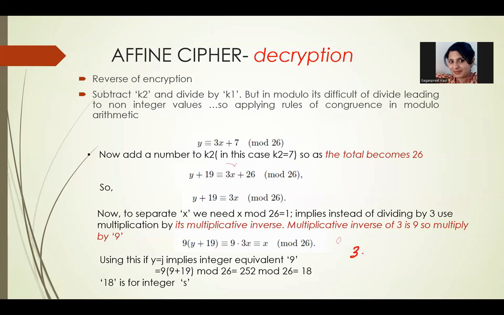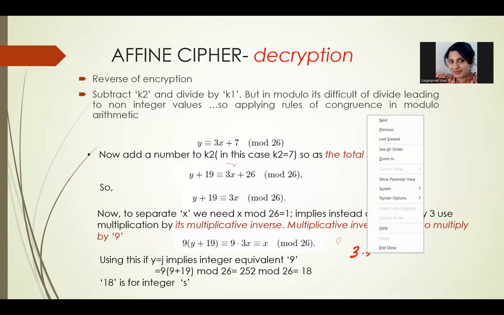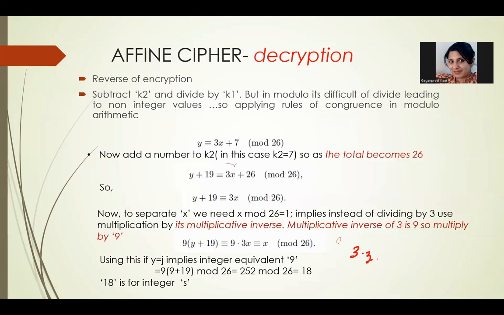So it means 3 has to be multiplied by some value. I'll take it z in this case, so that the product 3z, when I apply mod 26, gives me 1. So I need a multiple of 3. It is clear, 27 would do the purpose.